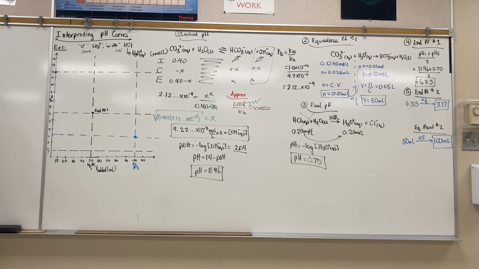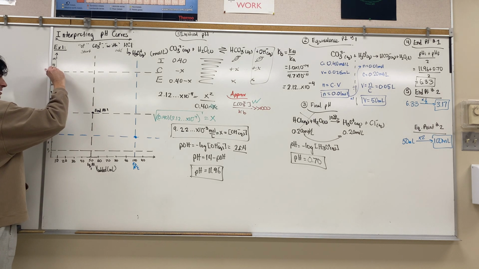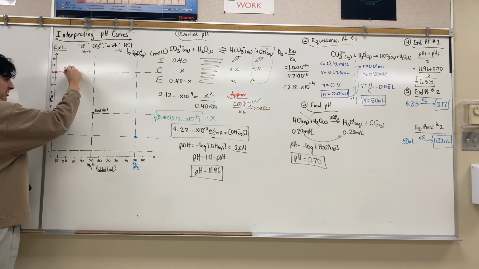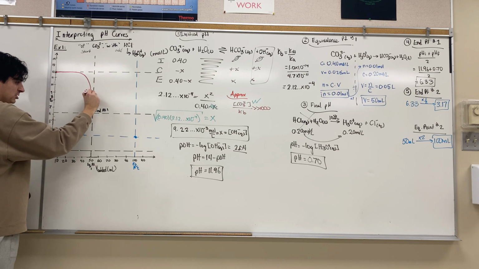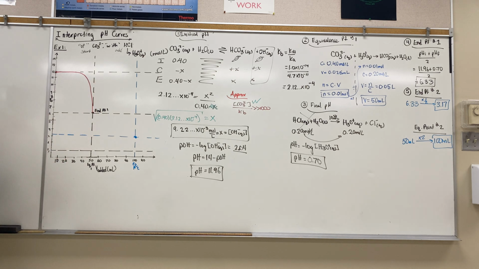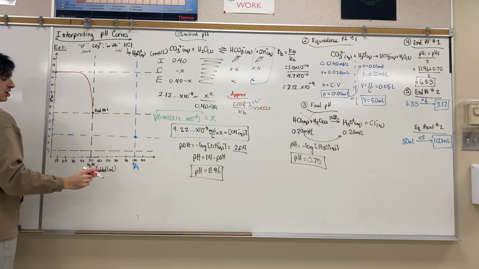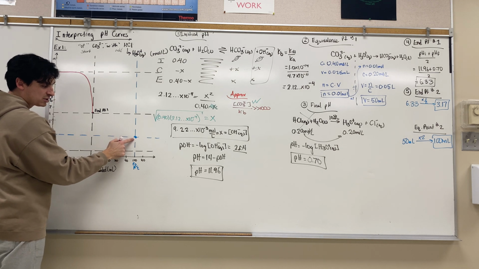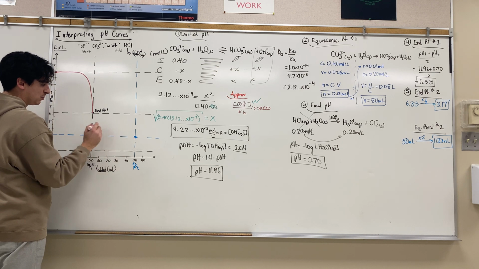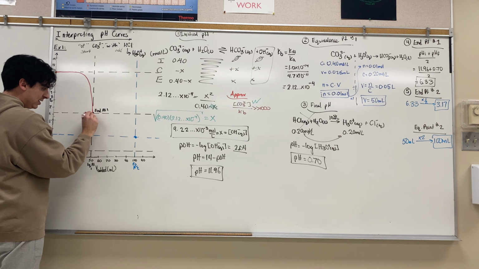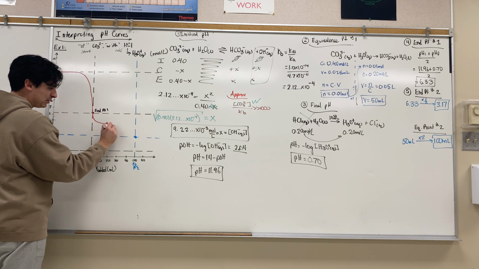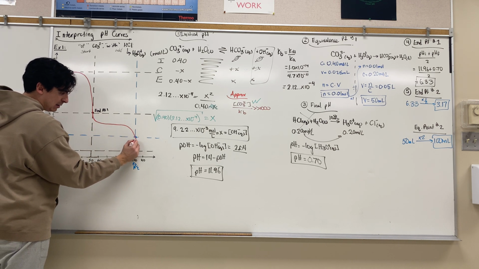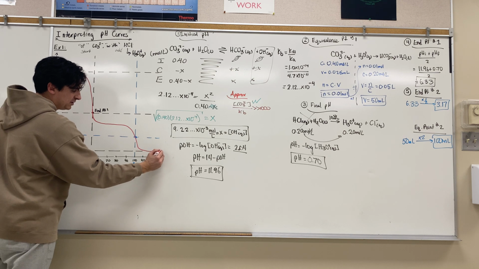Now, what we need to do here is sketch out our final graph. This is where it gets a little tricky. You guys know that as you add stuff, nothing much changes, but then all of a sudden we have a sharp drop. Nothing changes yet. We still have that sharp drop. But what we also have to end up with is going through this point. So once you hit that, your pH stabilizes, and then it drops again until you reach your final pH.